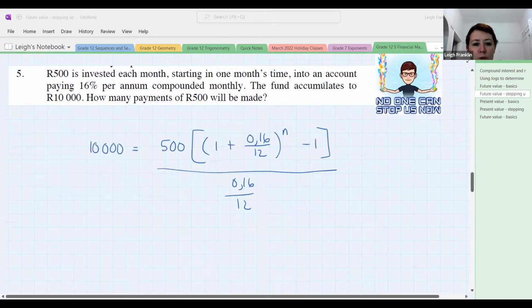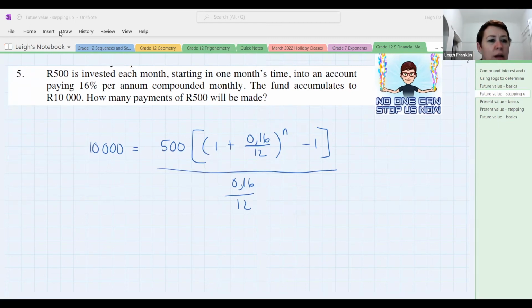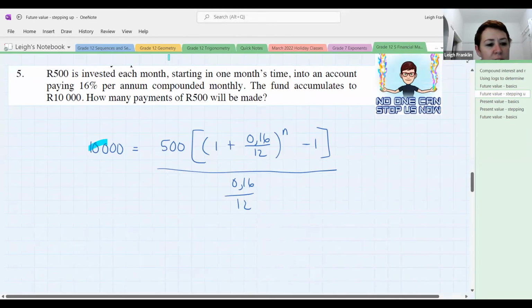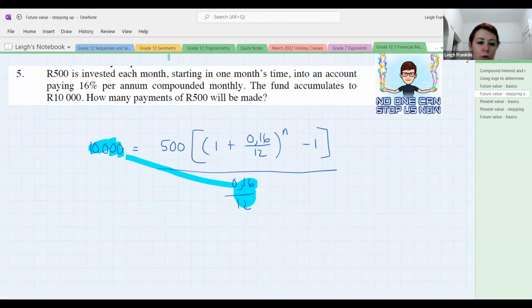The first thing you want to do, Matrix, is cross multiply. In other words, you multiply your future value, this 10,000 Rand over here, with your interest rate. Once you've cross multiplied, you divide by 500. Does that make sense to everybody?